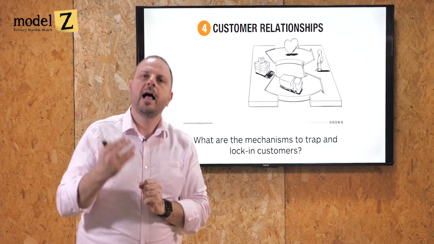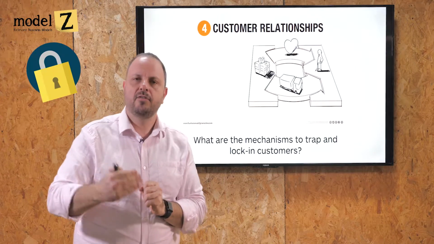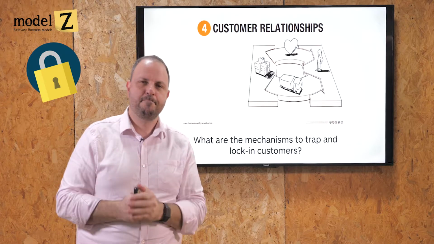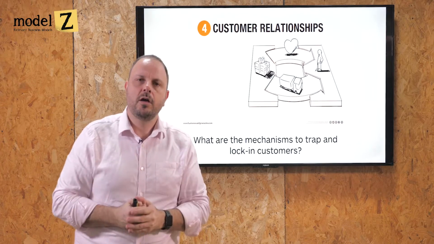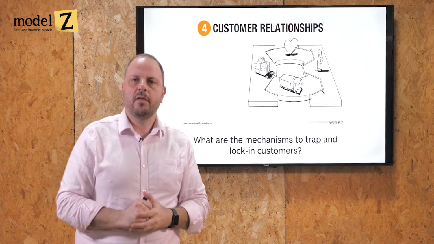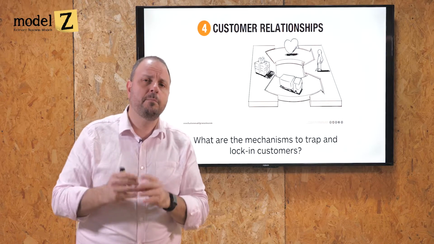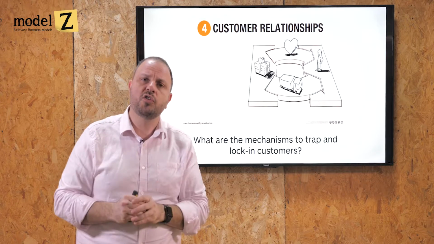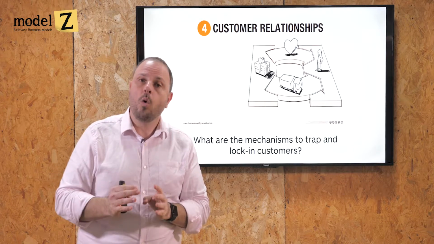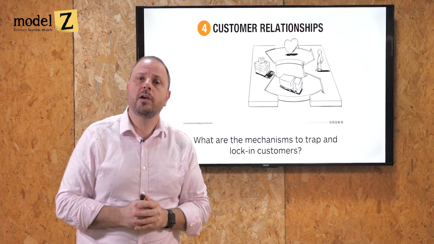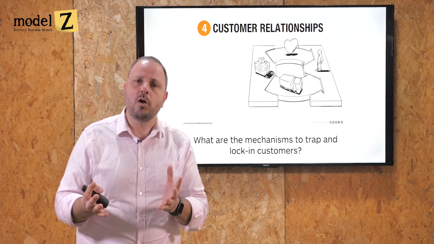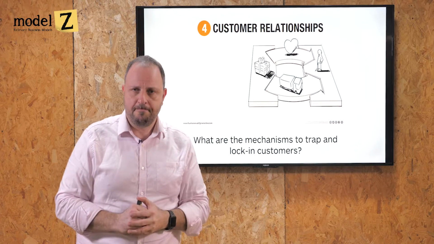Better said, how to lock them in so that they don't leave. So traps and locks are very important because they determine whether we have a valid business model in which customers will stay and grow, or are they going to run out of our business model as soon as they're trapped.